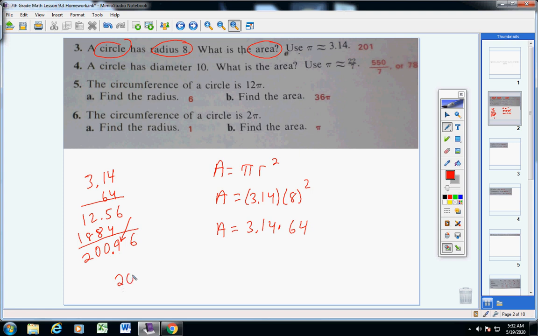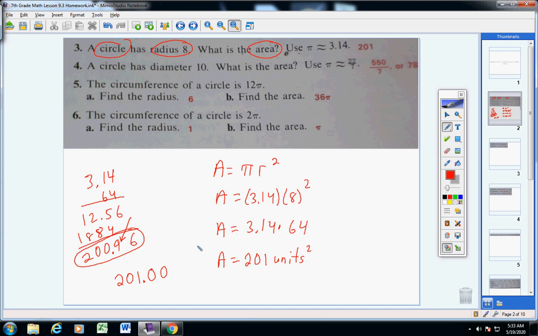So 201, everything else becomes zeros, and 201.00 is the same thing as 201, and they do not give us the unit of measurement, so we're just going to say units squared. Now, if you round it somewhere else, that's fine. That doesn't matter. You could have used this for your answer, and that's fine.